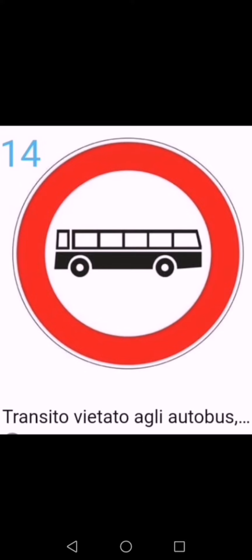Here we have Transito Vietato agli Autobus. This one forbids autobus to transit on that road. Here we have Transito Vietato ai veicoli di massa a pieno carico superiore a 3,5 tonnellate. This one is talking about transit forbidden for vehicles that are destined for carrying goods.